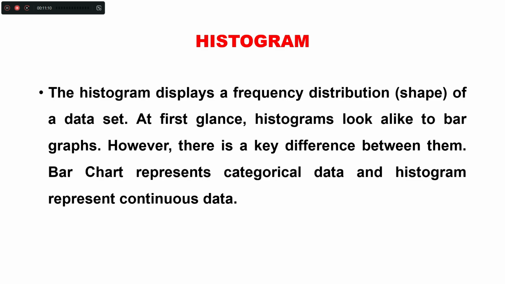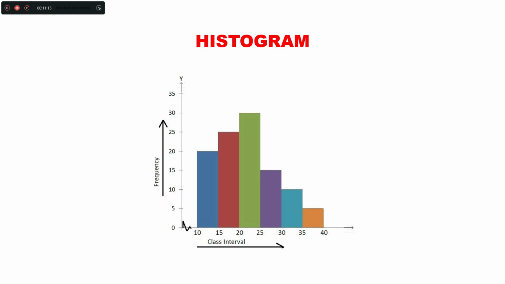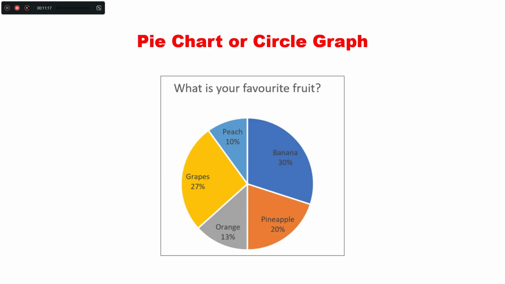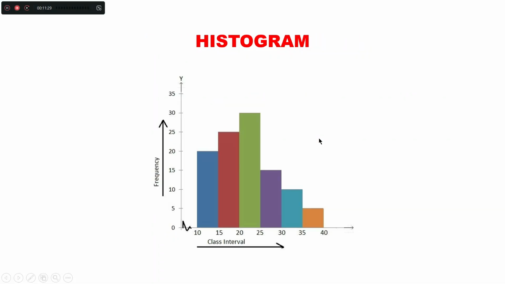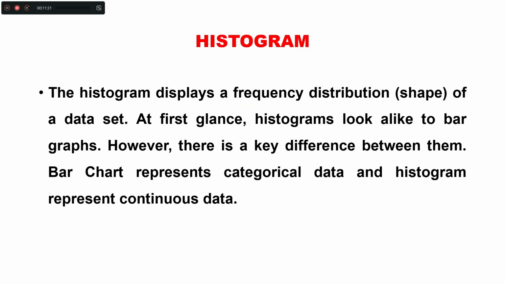The rectangular bars are in a continuous way. But in the case of a bar diagram, there will be a space between one data and another data. So this is how histogram differs from bar diagram in two aspects. The first aspect, bar diagram is used mainly for categorical data, and for continuous data we use histogram.